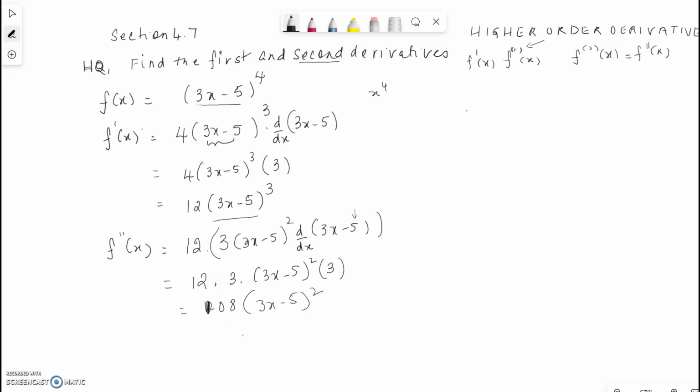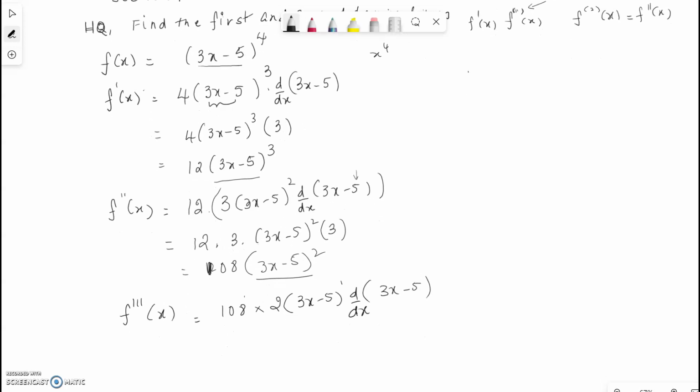If we want to find the third derivative, we can go one more step, and that is 108 times the derivative of this function, which is 3x minus 5 to the first power times d by dx of 3x minus 5. And this is how we keep going and finding higher order derivatives. At some point, the derivative of a polynomial is going to become 0.